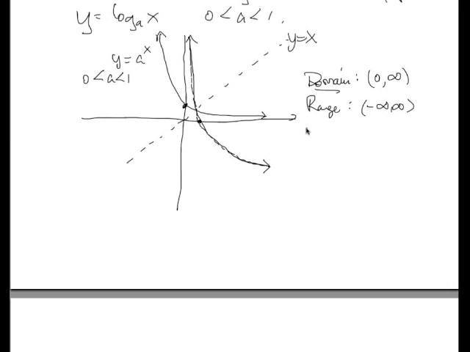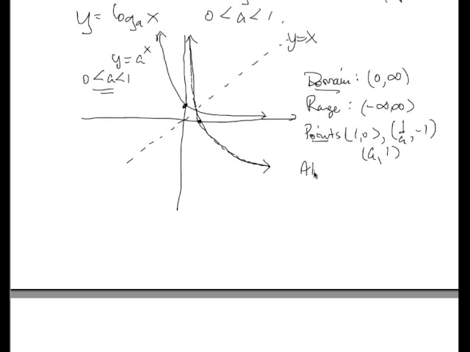Again, it goes through the point 1, 0, and it goes through the points 1 on a, -1, and a, 1. In this case, remember, a is between 0 and 1. So it goes through these points.